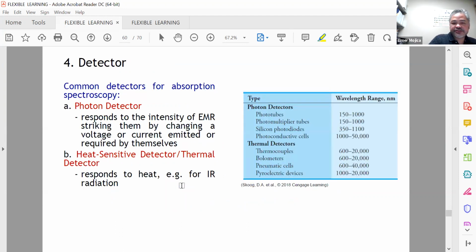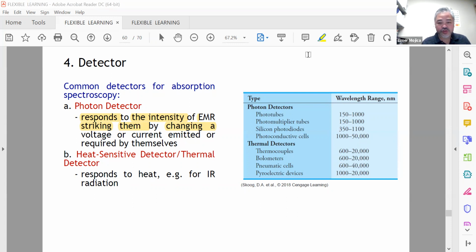And the common detectors that we can have here are the photon detector and the heat-sensitive detector, or thermal detector. So photon detectors are the type of detector that responds to the intensity of the electromagnetic radiation striking them by changing a voltage or current emitted, or required by themselves.